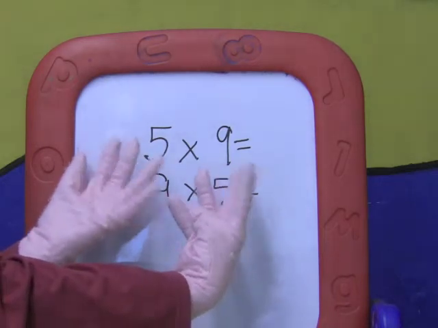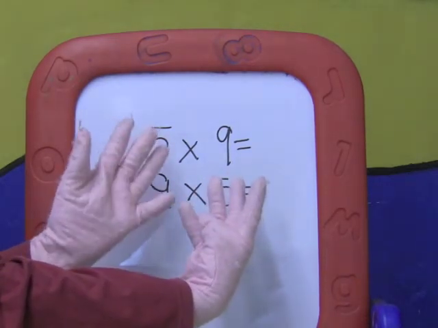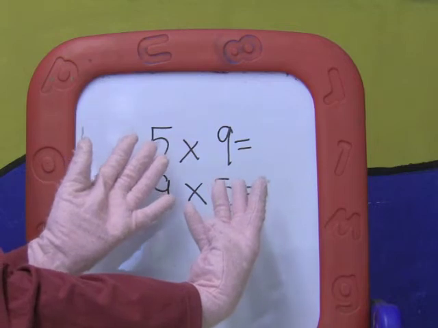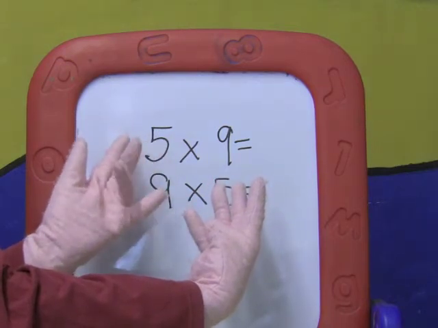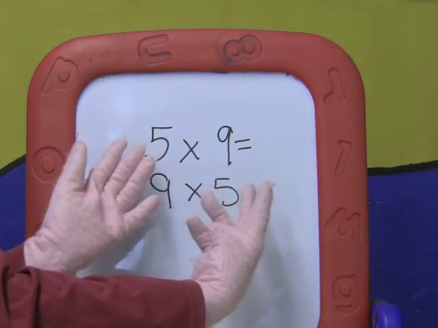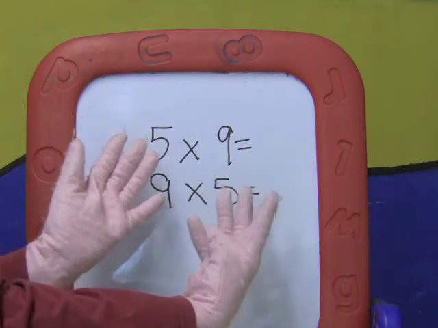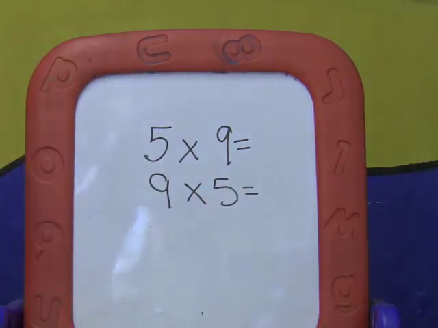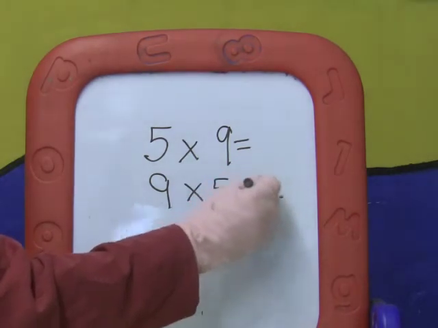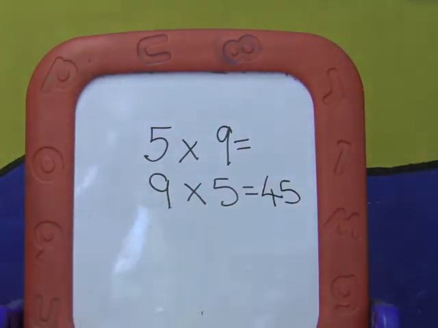And here's my 9 fingers. 5, 10, 15, 20, 25, 30, 35, 40, 45. So 9 times 5 is 45, which means that 5 times 9 is 45.